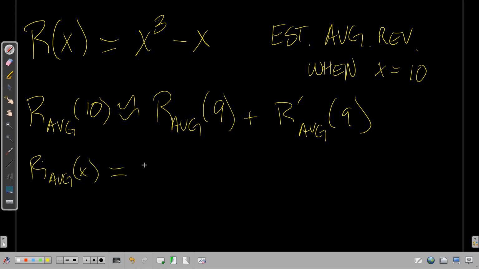So the average revenue function would be x squared minus 1. I've just divided everything by x. The marginal average revenue function would be 2x.